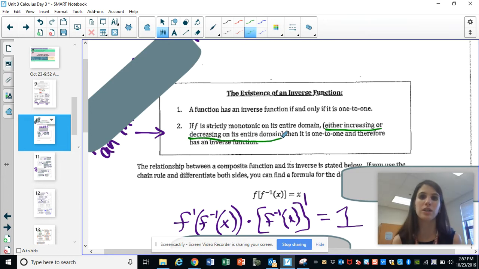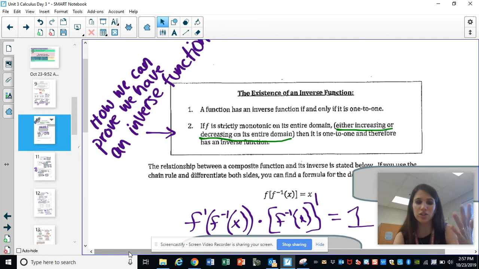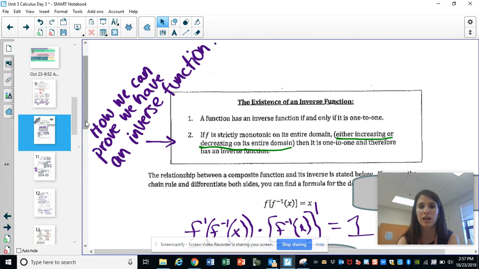That's the important part here, okay? So what we use this for is we can prove that a function has an inverse function or that it's one-to-one by showing that it is either increasing or decreasing on its entire domain. So let's think about what that actually means, though. What does it mean for a function to be either increasing or decreasing on its entire domain?